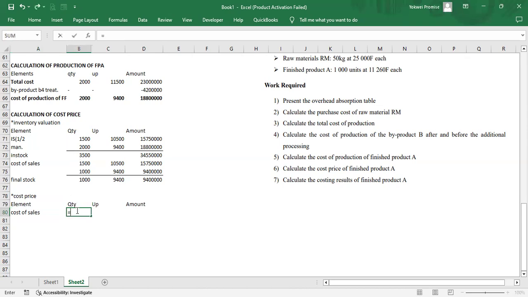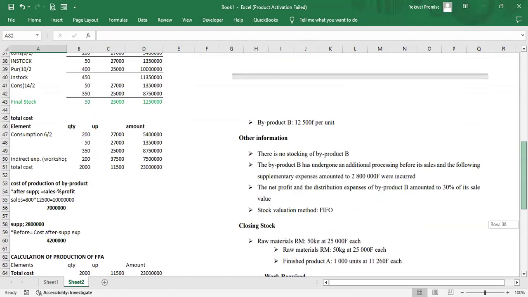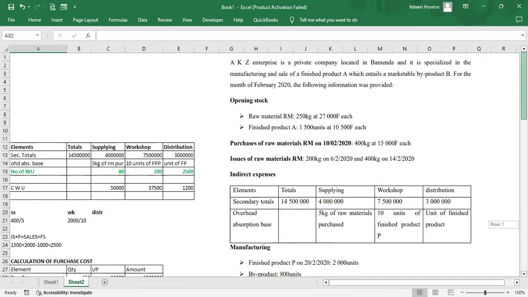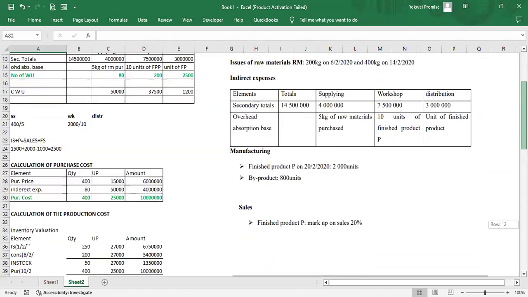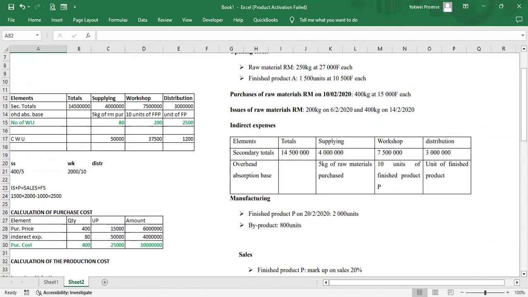I will just use this to link them up, equal to this: 1,500 and 1,000. We'll bring them directly like this. With respect to this question, we don't have any other elements other than the indirect charges. The indirect charges are not found in the question, but we are going to put them because we are going to pick them from the repartition table.